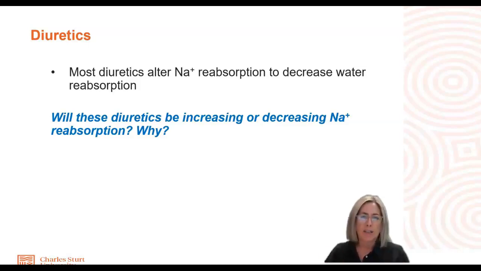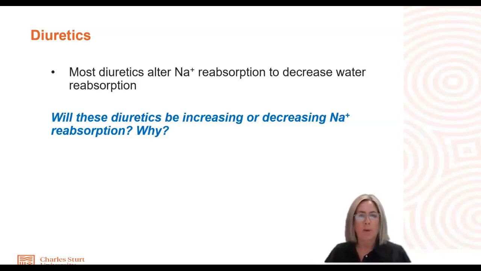So will these diuretics then be increasing or decreasing sodium reabsorption, and why? Again, the action of these diuretics is to decrease sodium reabsorption from the filtrate back into the blood. So the higher the concentration of sodium in the filtrate, the greater the osmotic pressure or gradient of the filtrate, and therefore that will keep water in the filtrate and prevent it from being reabsorbed from the filtrate back into the blood.